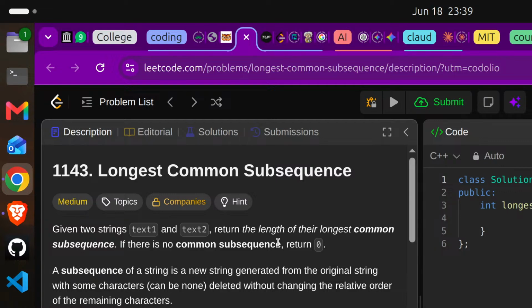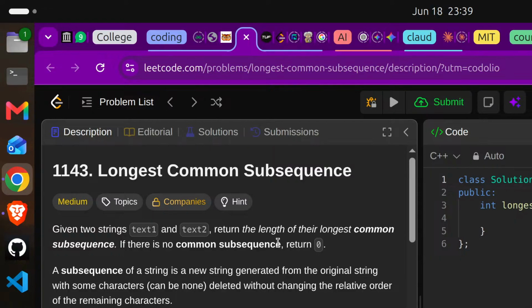So can we do this? Can we do like this? We have this, like if i is greater than 0 and j is greater than 0 and S1 of i minus 1 equal to S2 of j minus 1, right?